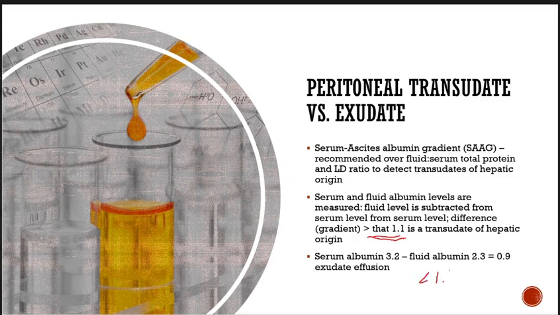Okay, less than 1.1, okay, that means it is an exudate. Example, serum albumin mo is 3.2, your fluid albumin or ascitic albumin is 2.3. Sorry, 3.2 minus 2.3 equals 0.9, so that is less than 1.1, so it is an exudate effusion.